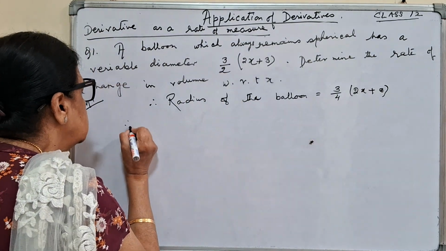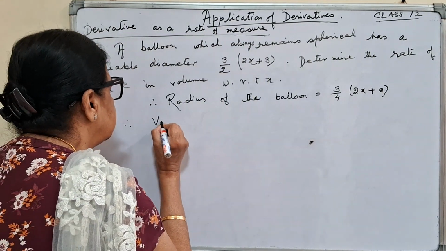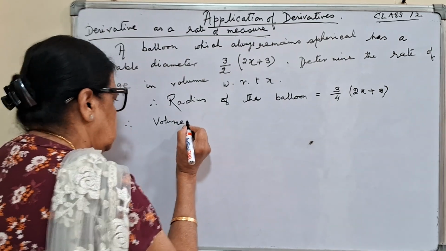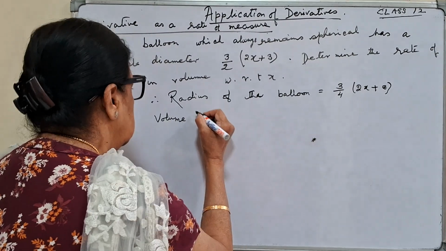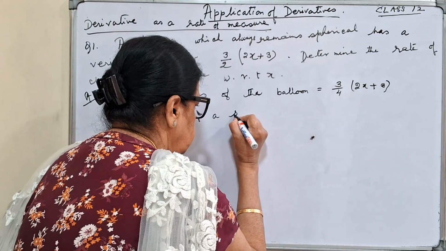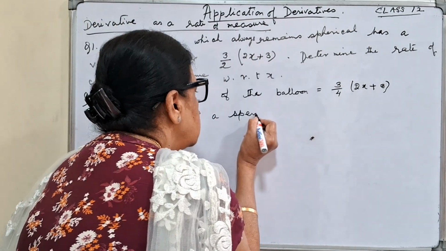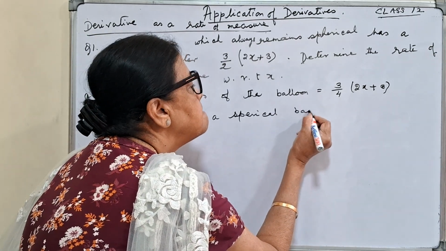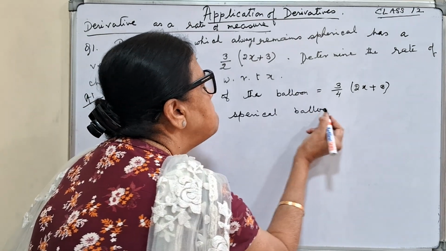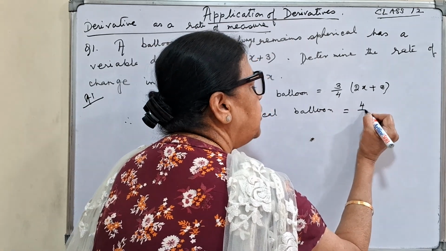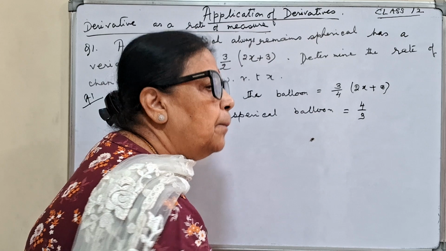Therefore, the volume of a spherical balloon is 4 by 3 pi r cube, since a sphere is 4 by 3 pi r cube.